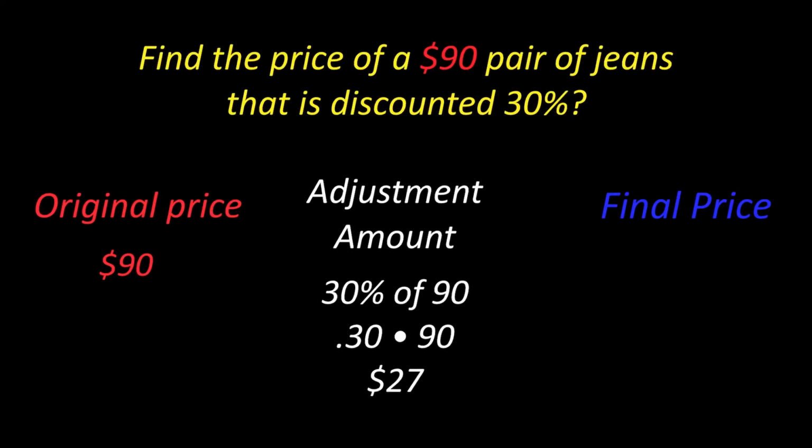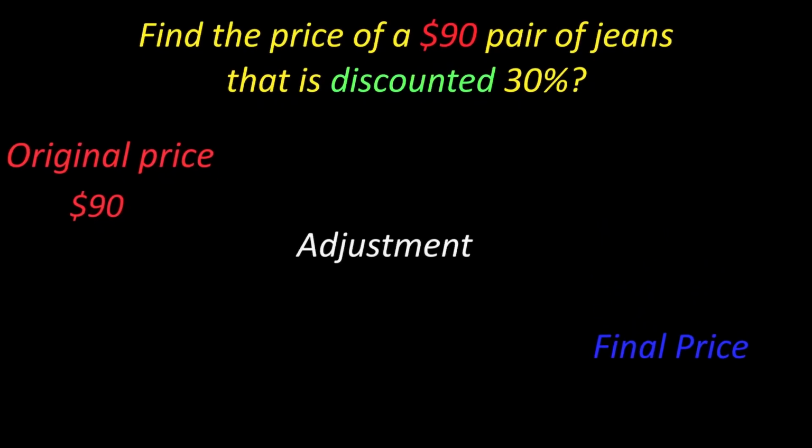We go back to the original problem and remind ourselves we are dealing with a discount. That means we're going to take the $27 and subtract it from 90 to get a final price of $63, lower than the original price. Again, find the adjustment amount, then subtract it from the original price.